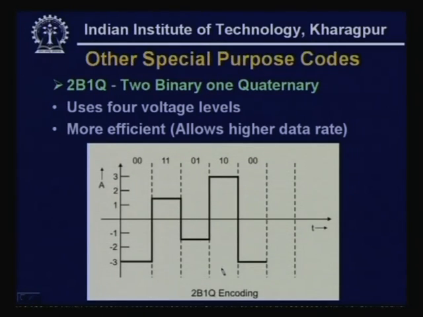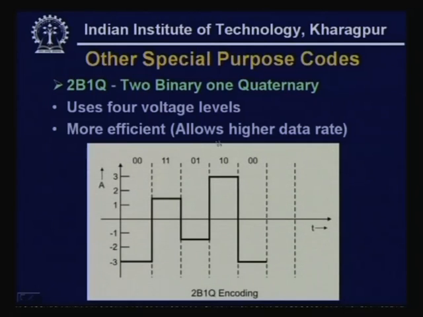Here we see that for 00 it has -3 volt, for 11 plus 1.5 volt, for 01 minus 1.5 volt, and for 10 plus 3 volt. So, we see here it has 4 voltage levels.